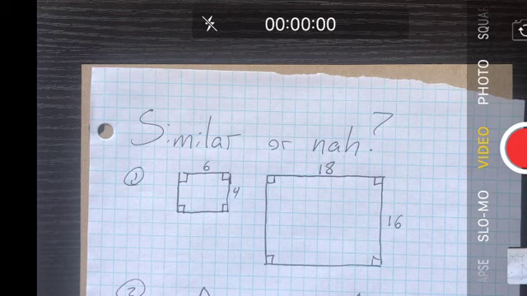The question is, is this first shape similar or not? Teja says nah. Phoenix says no. Rachel says nah. Why is the question.